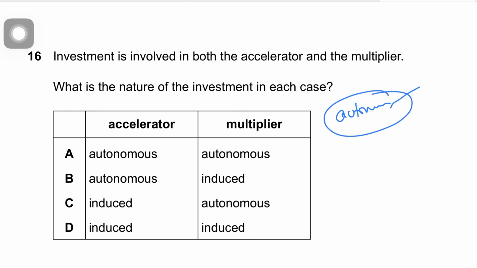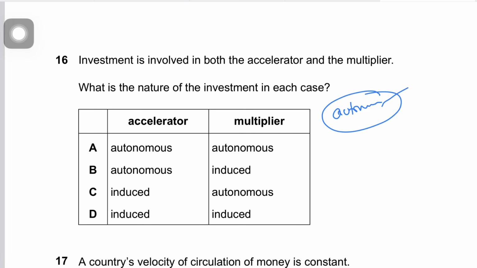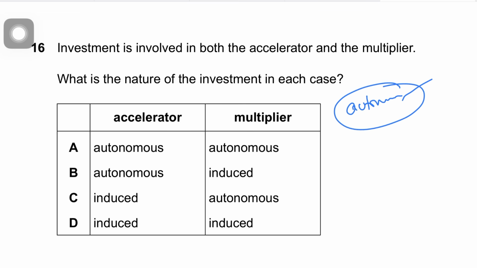We've also learned in paper 4 how the multiplier and accelerator interact with each other. The multiplier is where the autonomous investment starts the process. Once autonomous investment is done, that kicks off the multiplier process, which causes the national income to keep increasing at a faster rate, and that causes the accelerator to kick in.